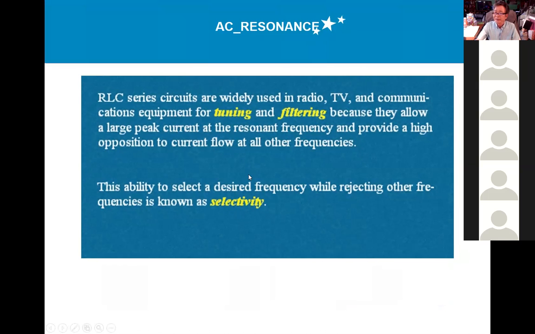RLC series circuits are widely used in radio, TV, and communication equipment for tuning and filtering because they allow a large peak current at the resonant frequency and provide a high opposition to current flow at all other frequencies.